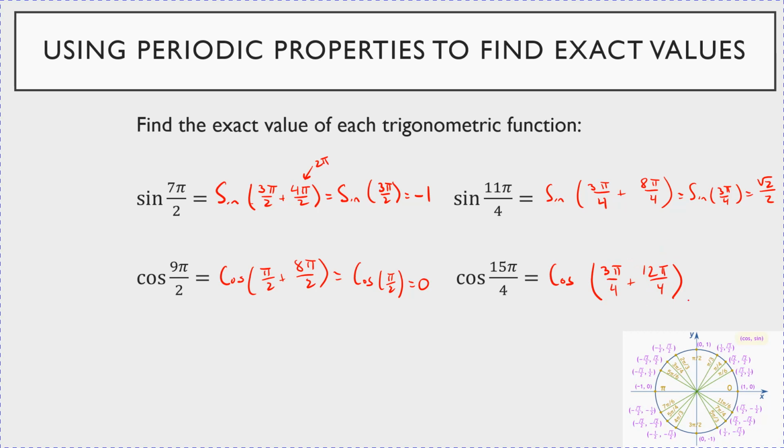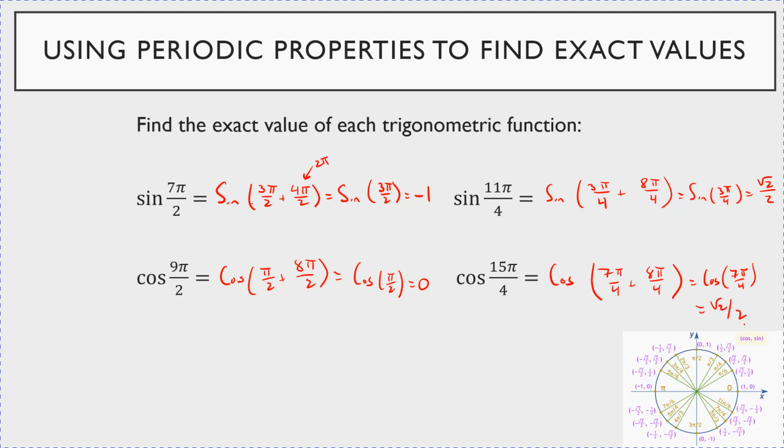That's 3 pi. So again, you have to pick something different. Well, could I do 7 pi over 4 plus 8 pi over 4? Yes, so that works. That's cosine of 7 pi over 4, which is square root of 2 over 2.